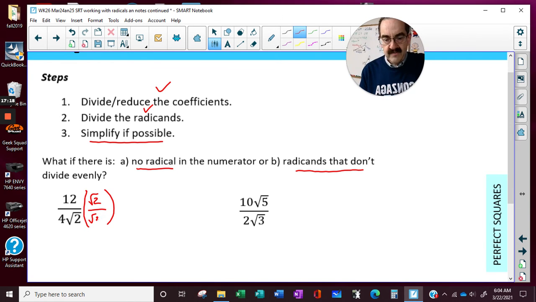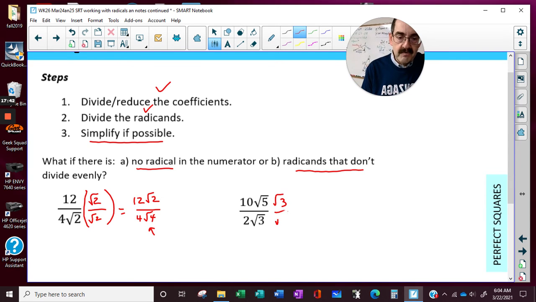We know that anything divided by itself is 1. We know that the square root of 2 times the square root of 2 is 4. The square root of 4 is 2. So, 12 radical 2 over 4 radical 4. You see how this can go away? And now, as mathematicians, we're happy.